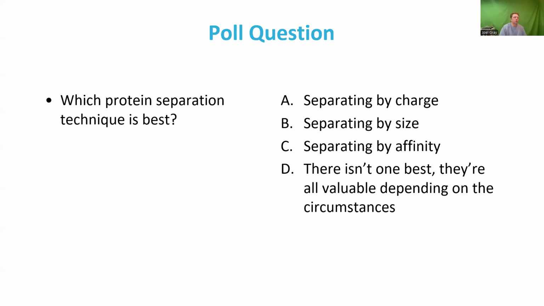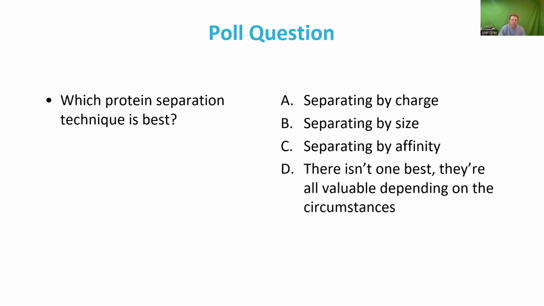I like this question because I think that at its heart, the question is, well, why do we have multiple different techniques? And I'm going to go ahead and just say the correct answer is D.